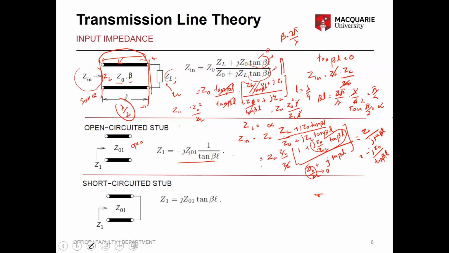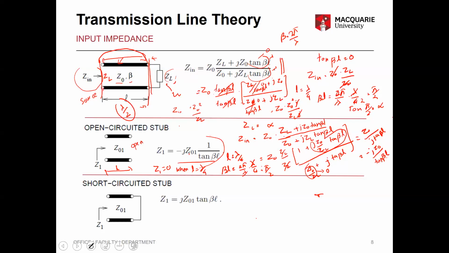Now the special case here is when the length of that line, L, is lambda by 4. What happens is beta L becomes 2 pi by lambda times lambda by 4, so you get pi by 2, and tan 90 is infinity. The whole term is 0. So Z in equals 0 when L equals lambda by 4.